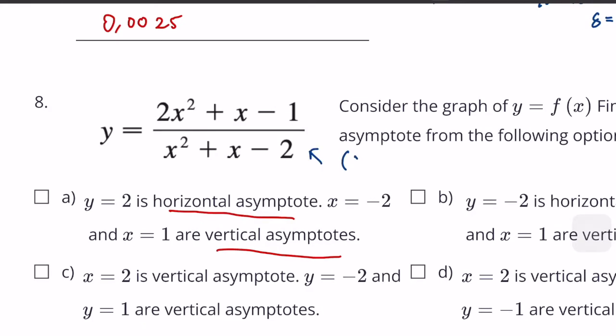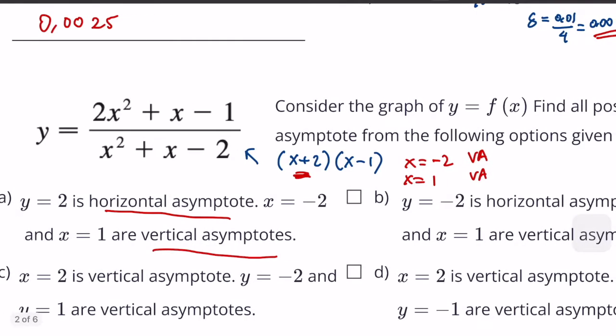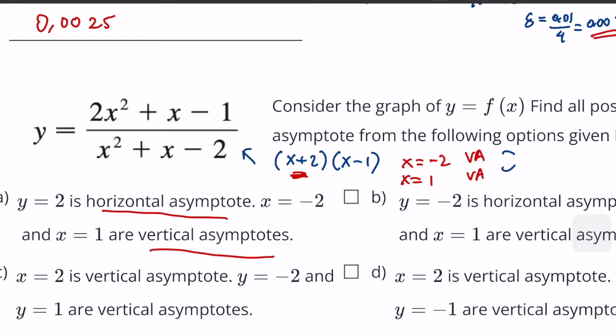We can take the factorizations. And from here, when x is equal to -2, it will go unbounded. When you have x equal to 1, also similar. So probably these will be our vertical asymptotes, right? If you want to confirm, you can check the right hand limit and left hand limit, but I don't think you have time for that in the exam. So just assume that first, okay, maybe that's the vertical asymptote.